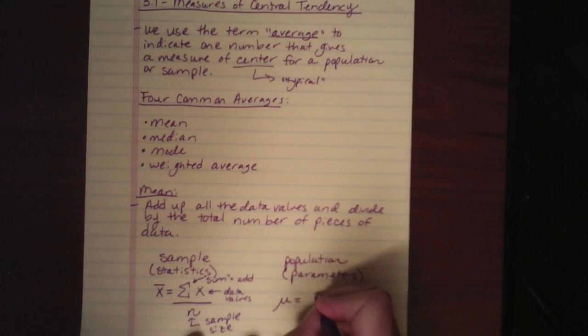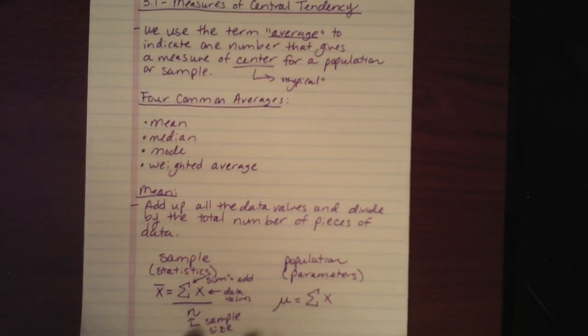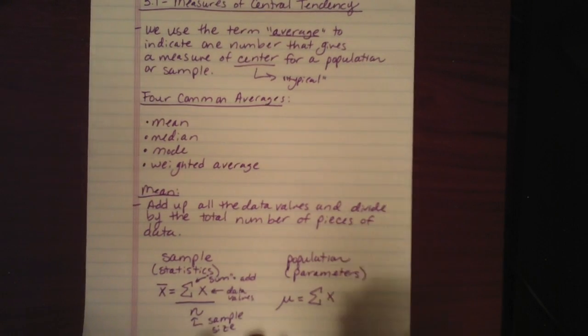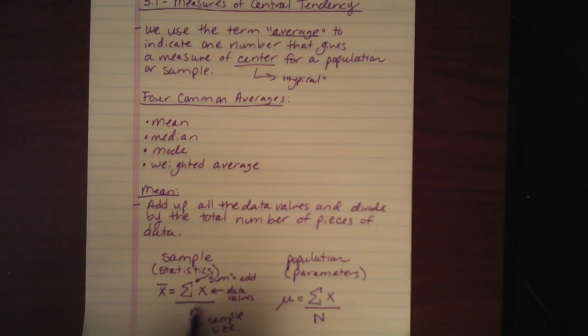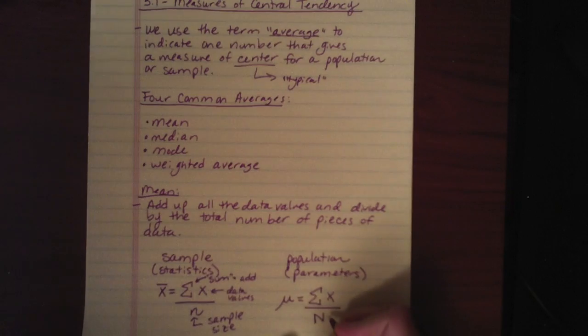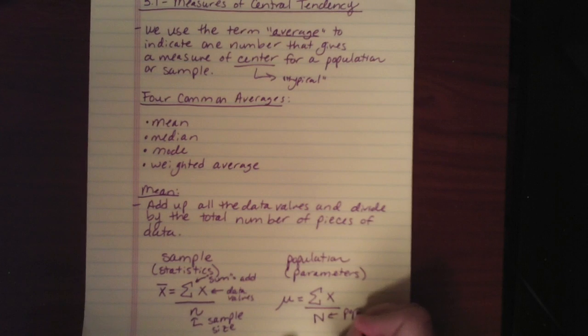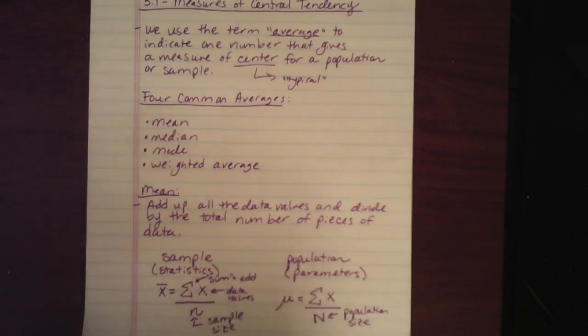And it's equal to the sum of all the data values, so we still add up all the pieces of data, and we divide by the size of the population, which gets a capital N. Sample size gets a lowercase n, population size gets a capital N. Okay, so that's the mean.